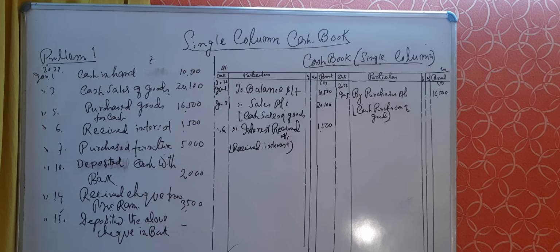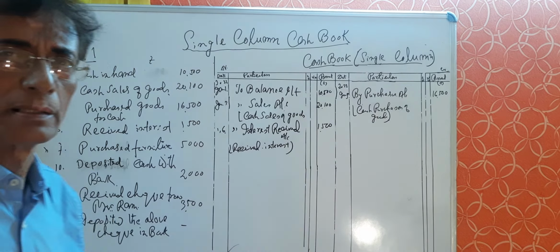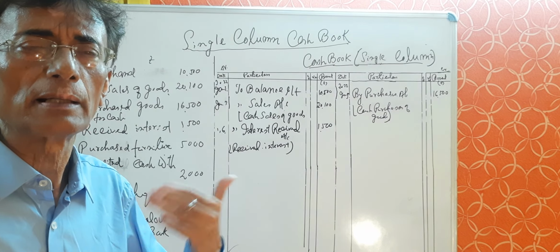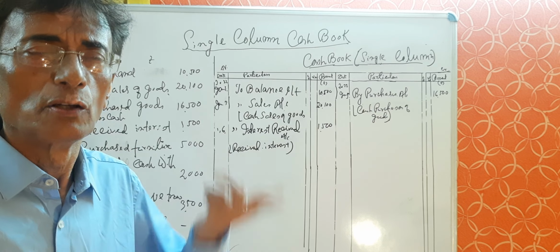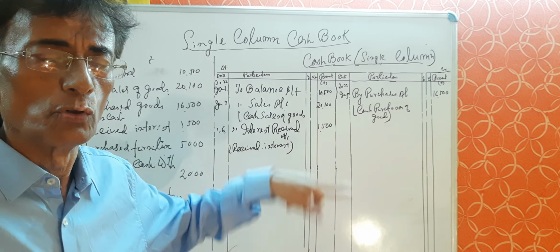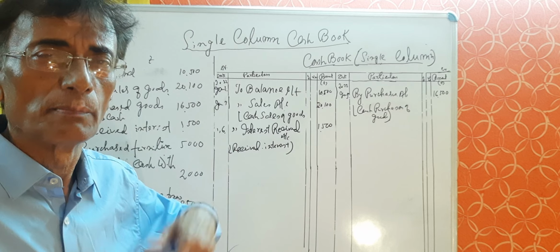Next, purchase furniture on 7th Jan. It is also a payment, for which we are paying cash for purchasing furniture. So furniture account debit to cash. We should go to the credit side and write by furniture account.